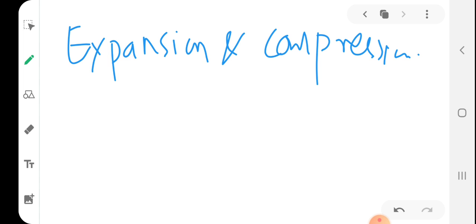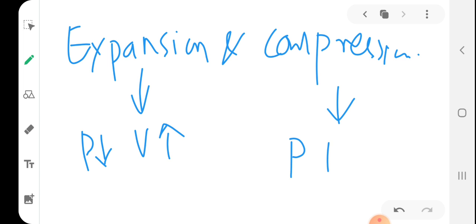Compression means pressure is increasing and velocity is decreasing. So that is the difference here. In expansion, pressure decreases and velocity increases. In compression, pressure increases and velocity decreases.